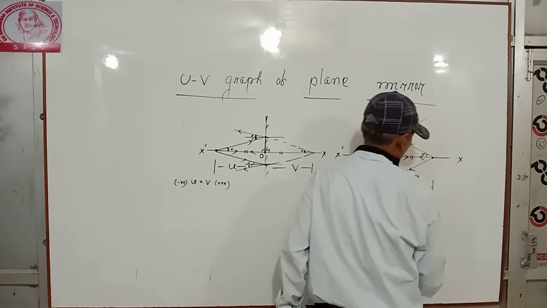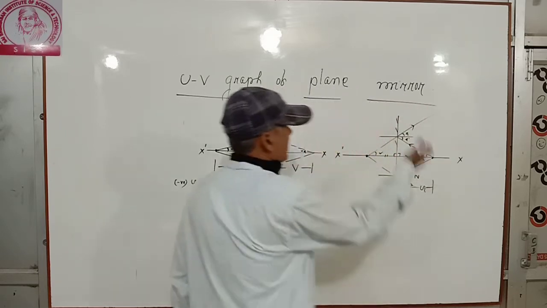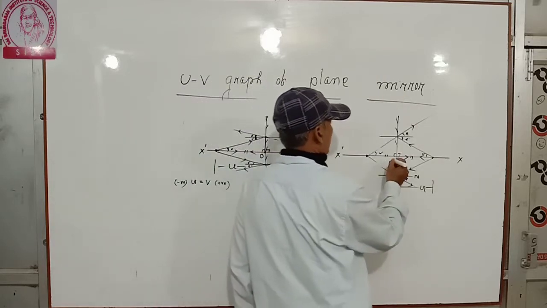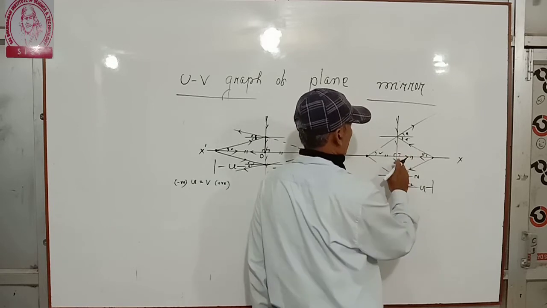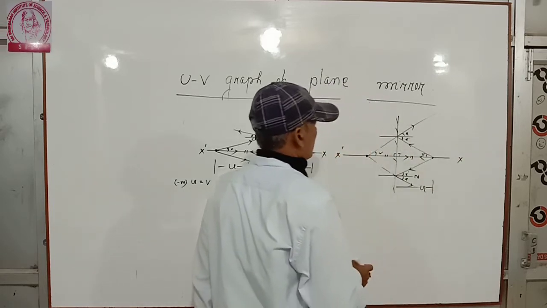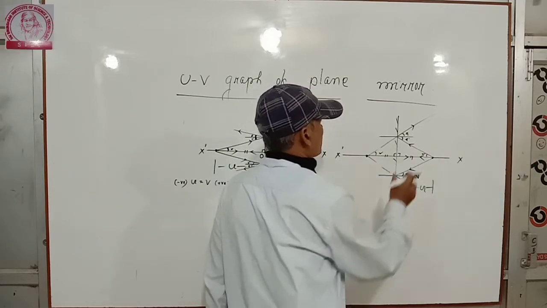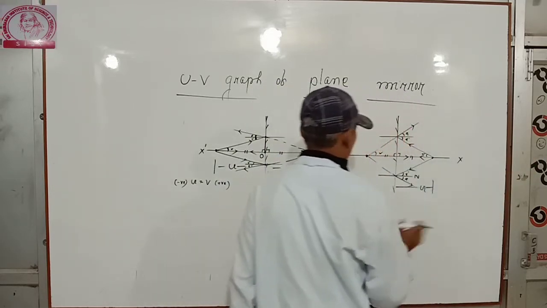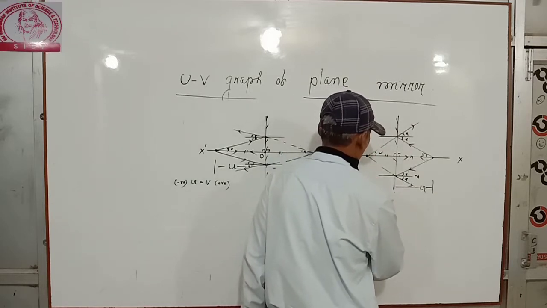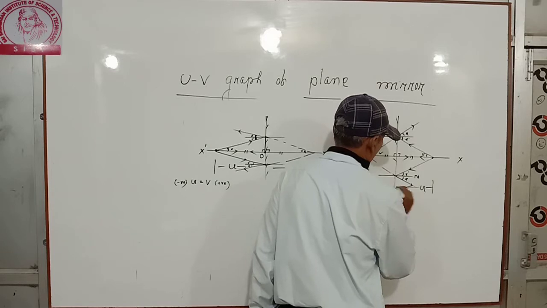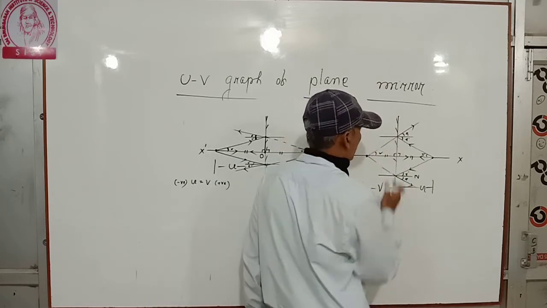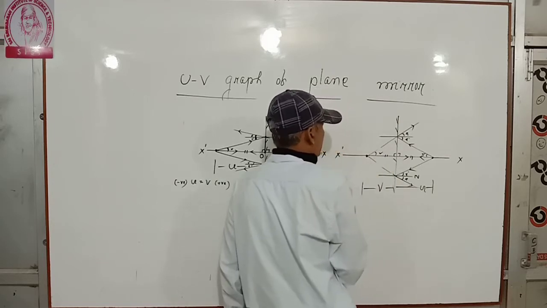This is u, because the object is kept on the positive x-axis and the mirror is facing towards the right. And this distance is v. v is measured from the reflecting surface along the negative x-axis.